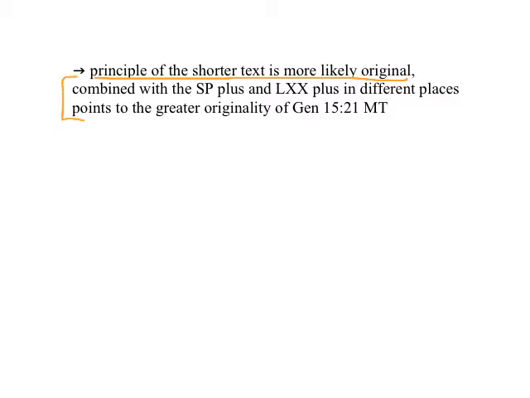And this agrees with the other evidence that in the case of Genesis 15:21, both the Samaritan Pentateuch and the Septuagint seem to have a plus to harmonize the list there with the list elsewhere in the Pentateuch.